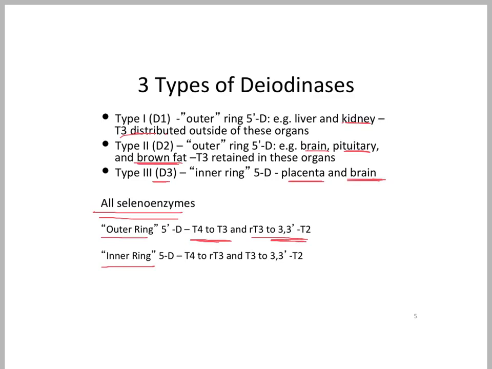These are iodines being stripped off that are then recovered by the body. And the same thing with inner ring deiodination. So the pathways are parallel on either side, inner ring, outer ring. And as we said, beyond T3 and reverse T3, deiodination continues to recover iodide for the body.